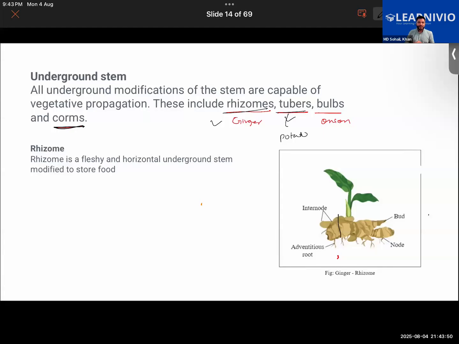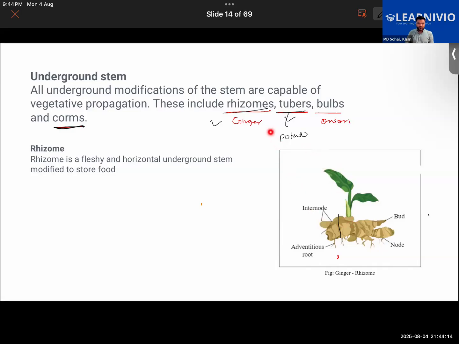So there are further classifications of the underground stems. You have rhizome, tubers, bulbs, and corms. All of them are underground stems, but they are slightly different from one another in the way they look. Like ginger, it is very much different from potato. They look different and they grow differently.